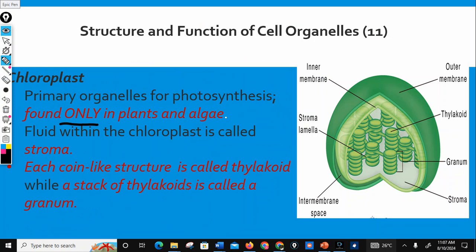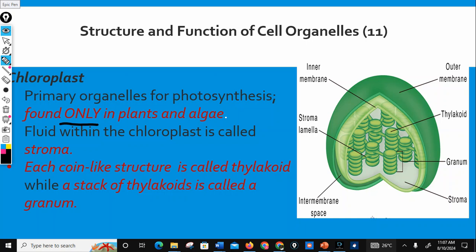Algae referring to blue-green algae, and of course the red algae, rhodophyceae, and the brown algae, that is phaeophyceae. I'm going to link that video also in the description where I talked about them.